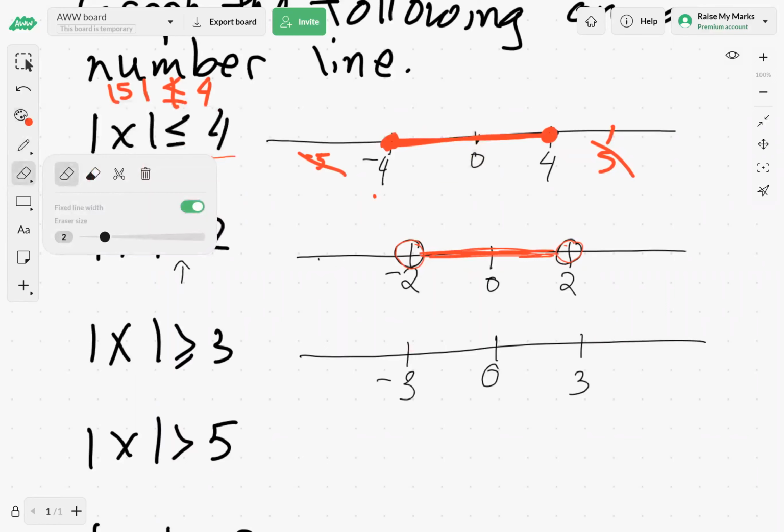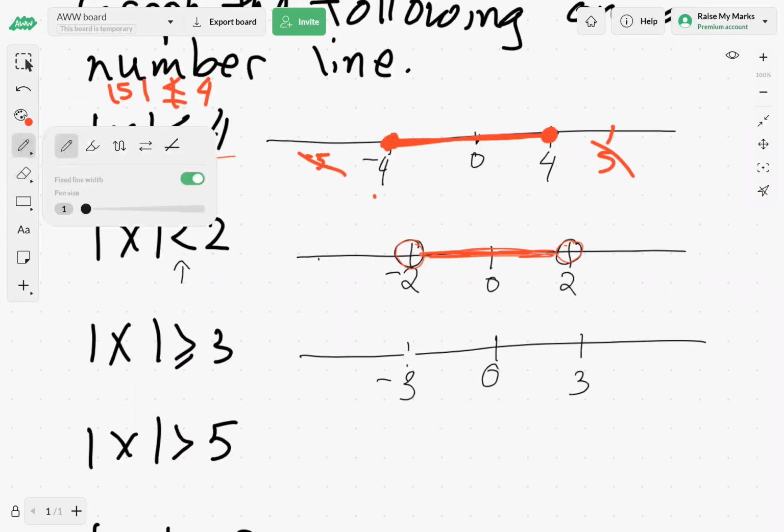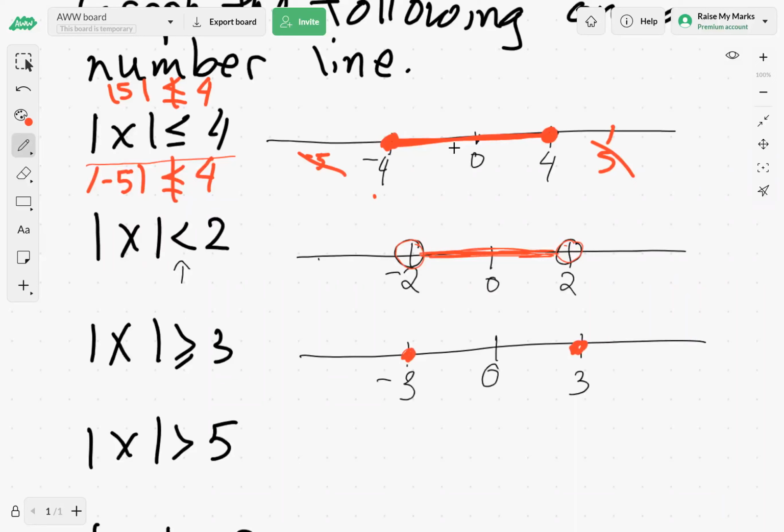So since it's greater than or equal to 3, we're going to consider the points -3 and 3. So those will be included in the number line. So now we need to consider, are we looking at values less than -3 and greater than 3, or between -3 and 3?